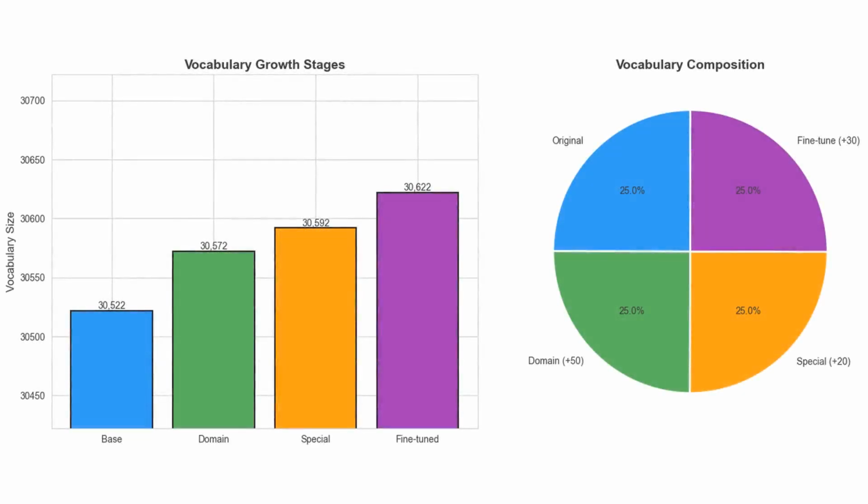We can see the vocabulary growing from the base size of about 30,522 tokens through various stages. The bar chart shows the absolute sizes at each stage, while the pie chart reveals the relative composition. Our vocabulary grew by 100 tokens total through domain, special, and fine-tuning additions.